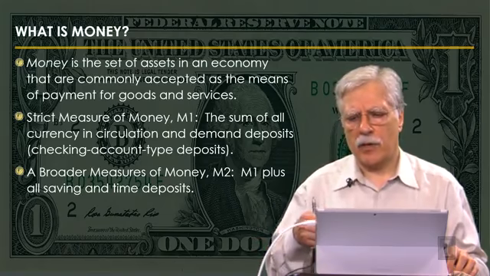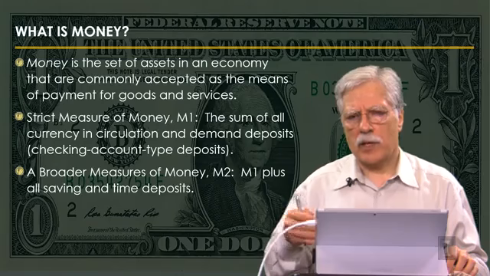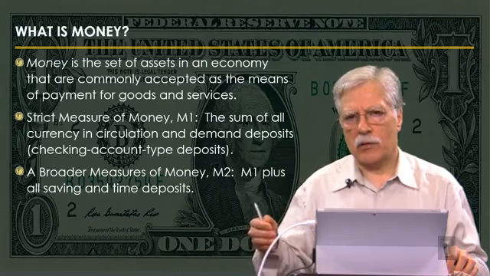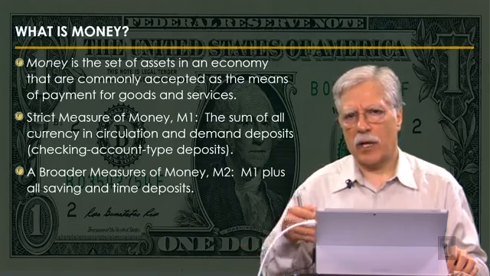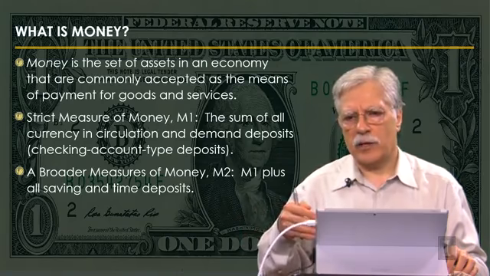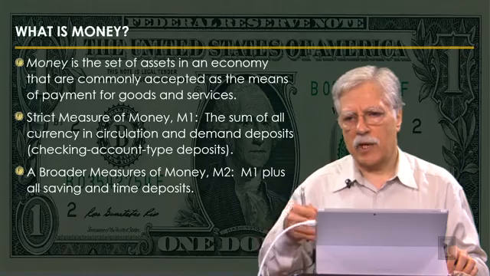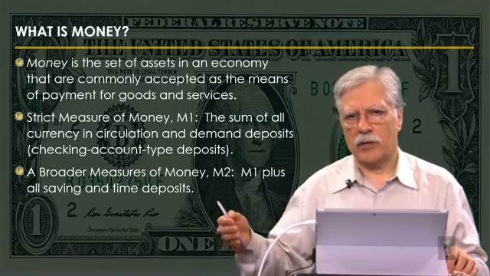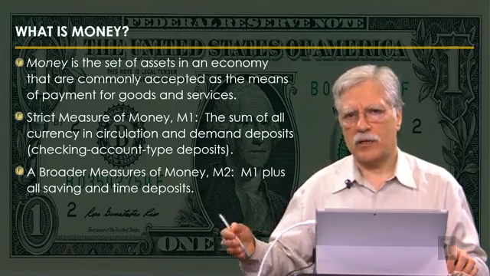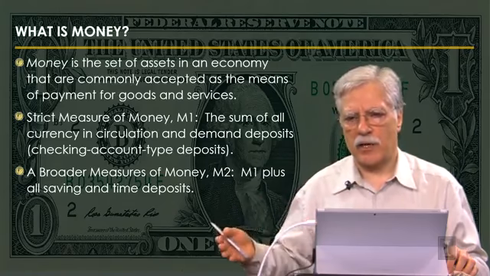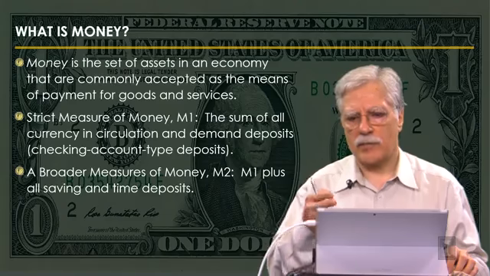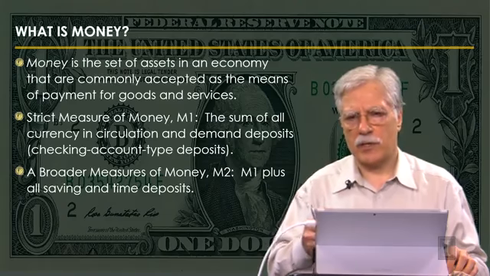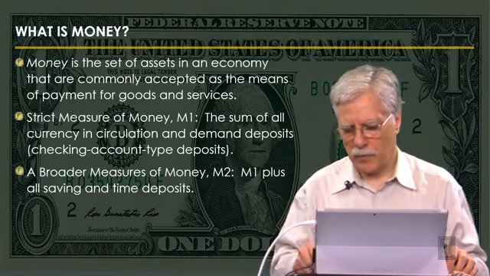So one can have measures of money that include these additional items, but that's going to be a higher order in terms of not being liquid, and therefore those things are not easy to use for purchases because they have to first turn into cash or turn into time deposits before one can actually use them for payments.